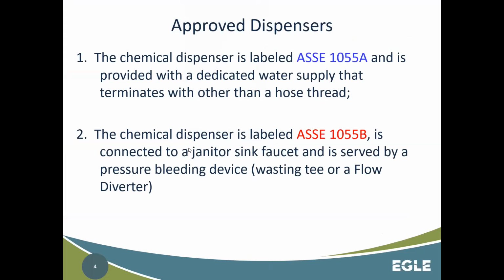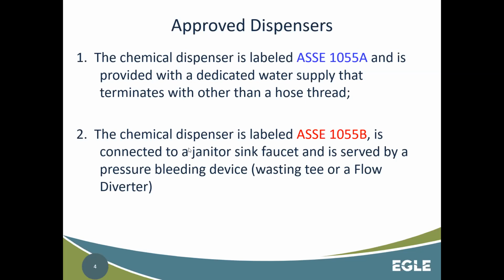The difference is that an A dispenser is going to have a dedicated water supply that basically terminates with something that isn't going to be a hose thread, one of those spigots that you can screw things on or off. 1055B is generally going to be connected to a janitor sink faucet, and it's going to have some kind of, there's a few different names for them, a wasting tee, pressure bleeding device, or flow diverter. Basically, it's just something that keeps pressure from building up within the hose line.